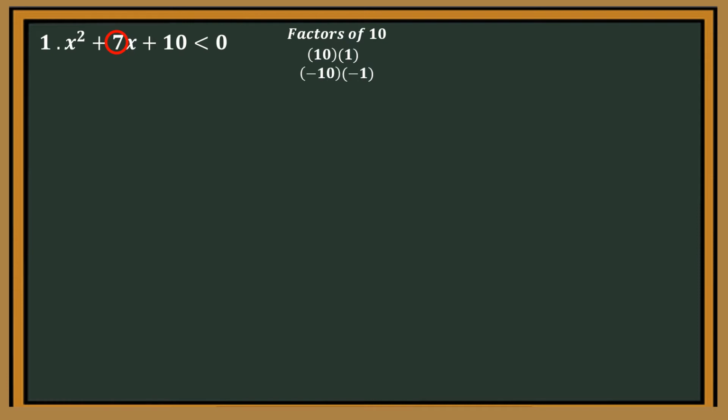Negative 10 times negative 1. 5 times 2. And negative 5 times negative 2. Which of the following factors give the sum of positive 7? 5 times 2.